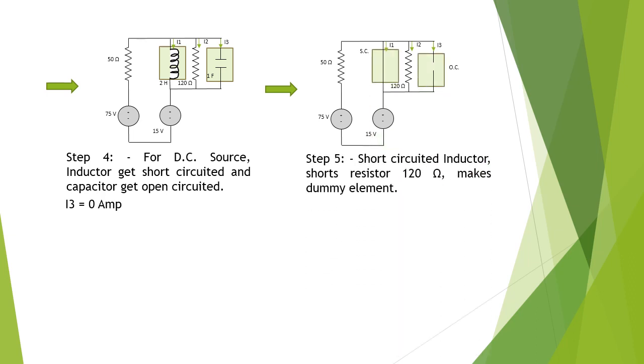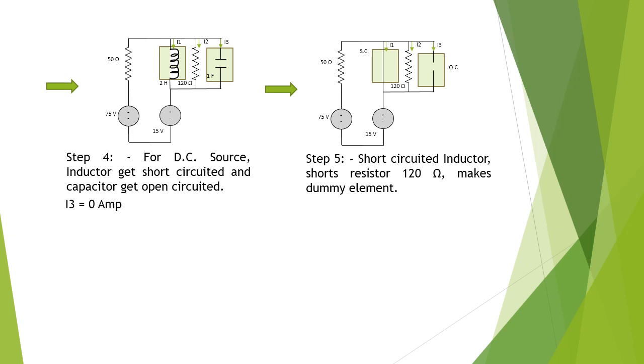Now step number 5. The short circuited inductor shorts the resistor of 120 ohm which is exactly in parallel, and hence it makes that 120 ohm resistor a dummy element. So the parallel combination of the short circuit terminal and 120 ohm is equal to 0.